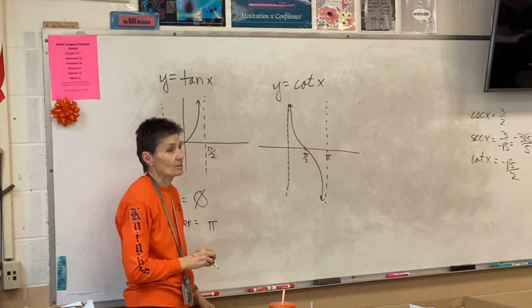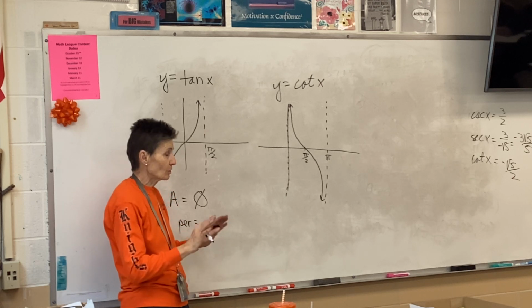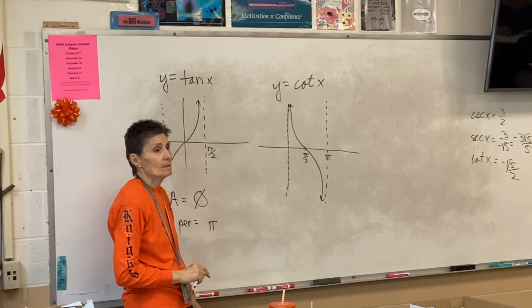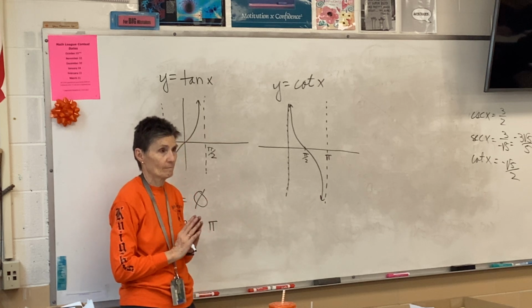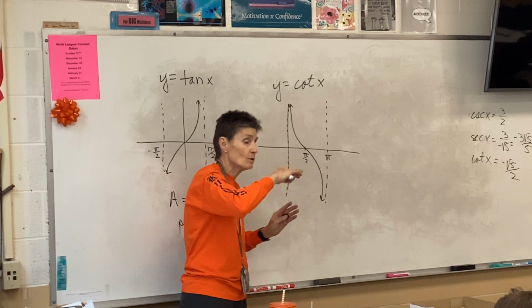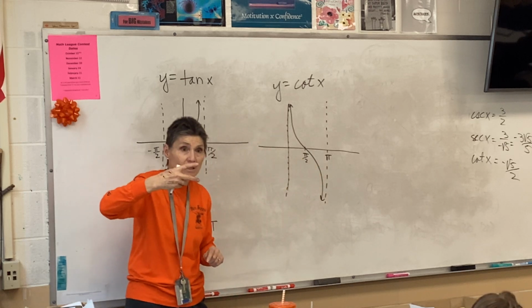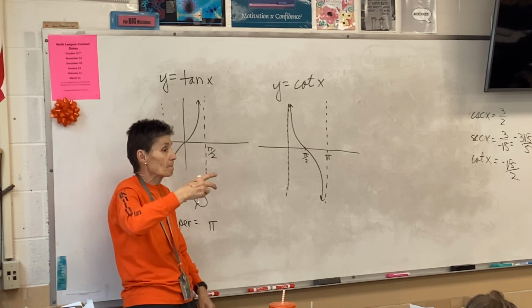That is a cotangent. Now, let's give you a chance to look at that, get it drawn. Does the shape of that at all make sense to you? It's the opposite. It's upside down. Isn't cotangent the upside down of tangent? So it makes sense that the picture would be upside down.